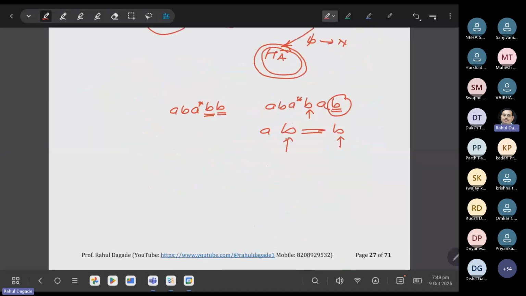Q3 स्टेट में मुझे ए और बी कुछ भी मिला तो मुझे रिजेक्ट कर देना है। अगर ब्लैंक मिला Q3 स्टेट में, देन आई हैव टू एक्सेप्ट इट एंड देन दिस इज द फाइनल स्टेट, एक्सेप्ट स्टेट। एच ए का कुछ नहीं करना है, एच आर का भी कुछ नहीं करना है। सो दिस इज योर ट्रांजिशन टेबल.